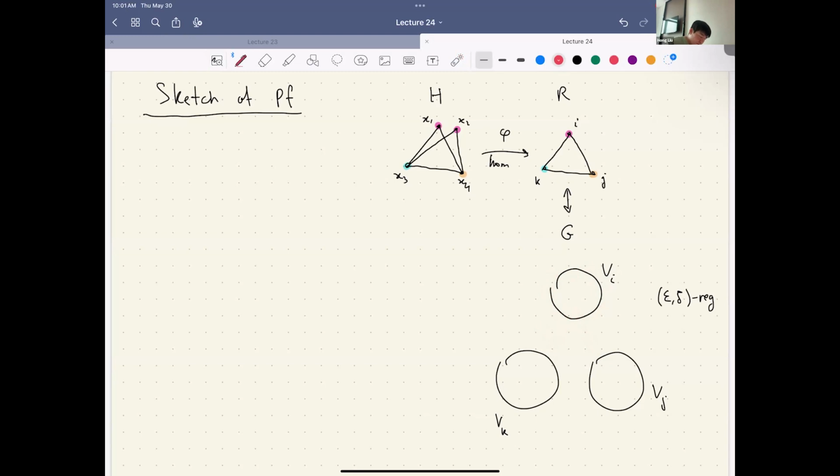So we need to exclude them in the first step. We want to embed x1 to Vi. We first scoop out some bad vertices. We know there are at most an epsilon fraction of them that have the wrong degree to Vk. But there are also some that have the wrong degree to Vj. So you delete those. Okay, you delete two portions.